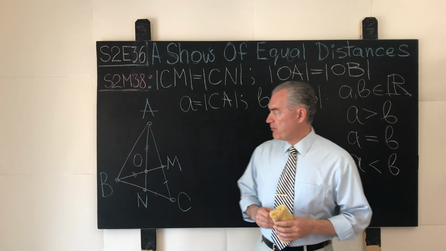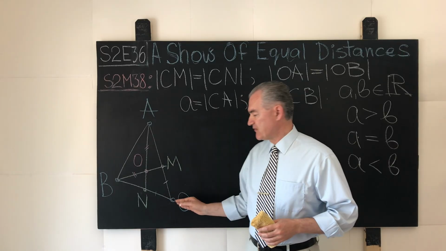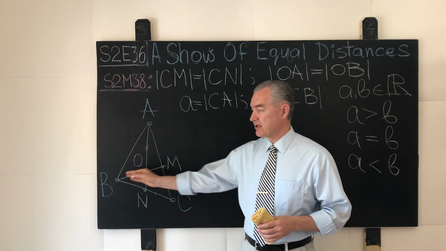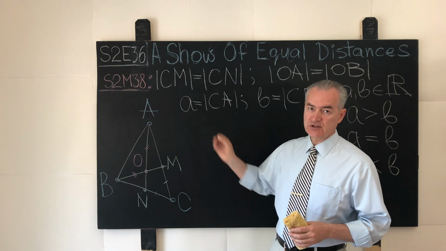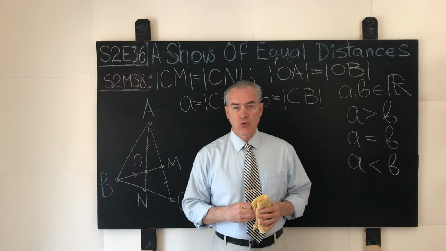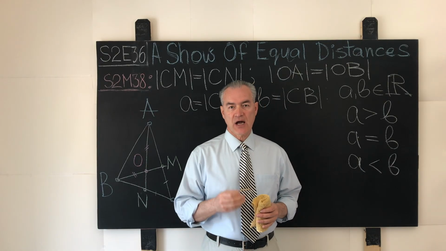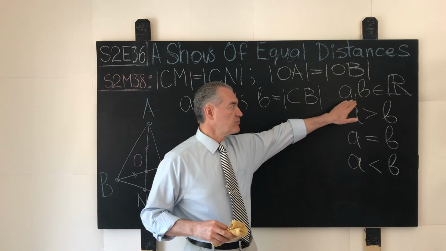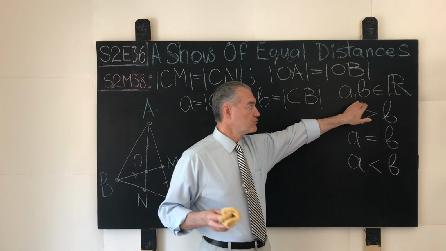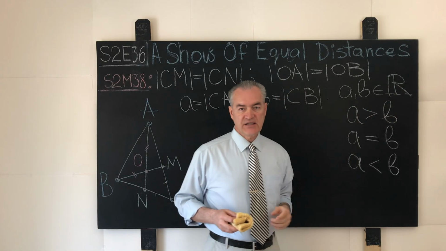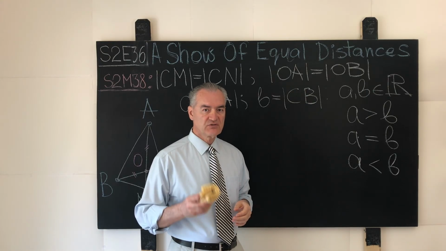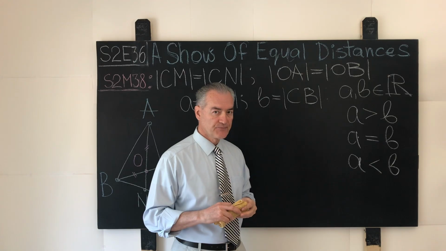In order to prove that the parent triangle ABC is isosceles on the sides CA and CB under the constraints specified in the problem statement, we will use the so-called trichotomy law for real numbers, according to which if A and B are any two real numbers, then exactly one of exactly three mutually exclusive relations will hold.